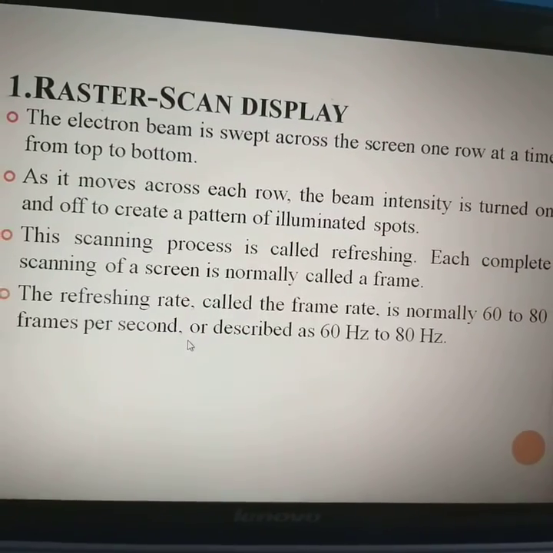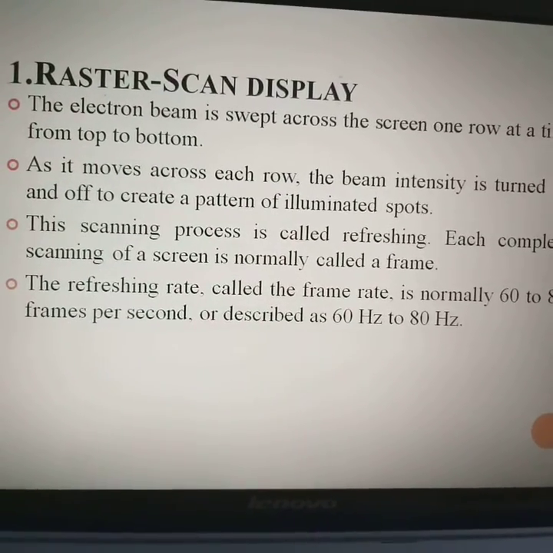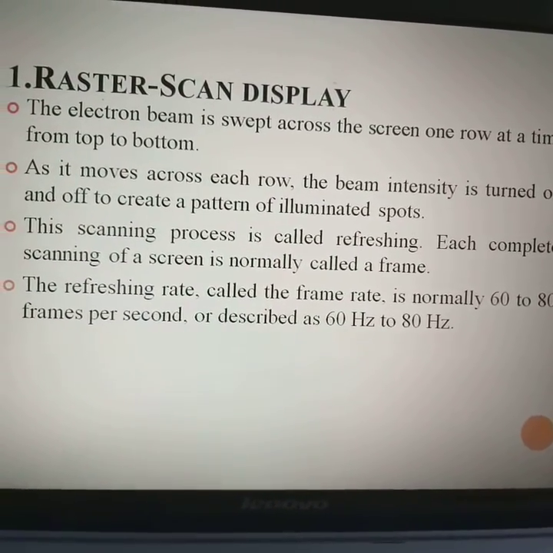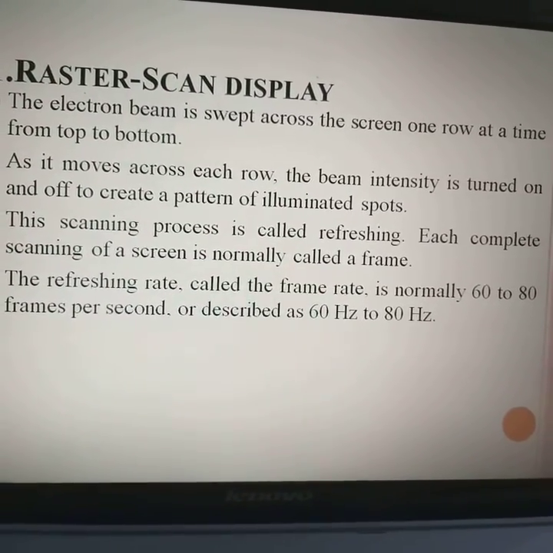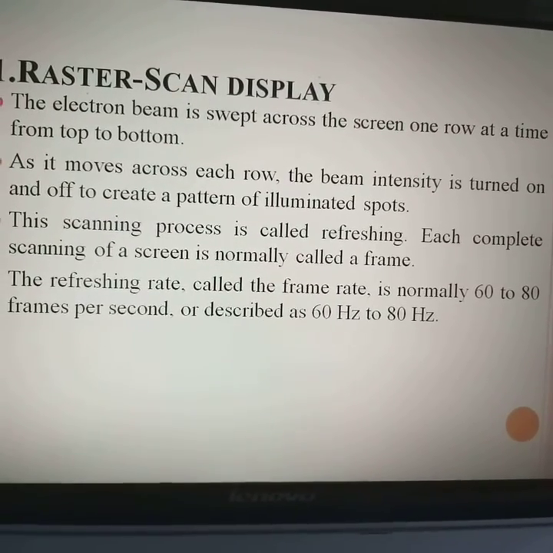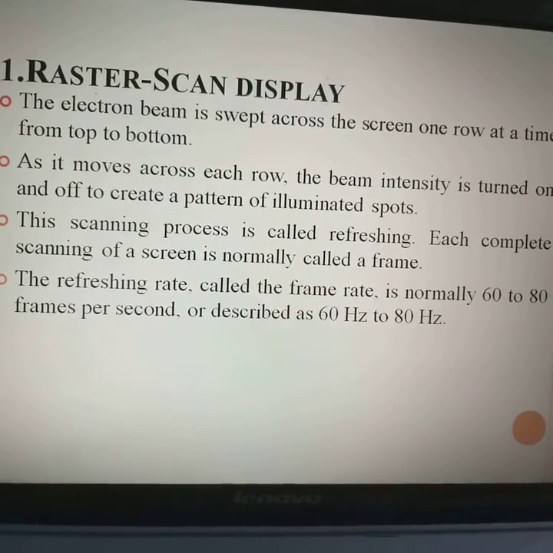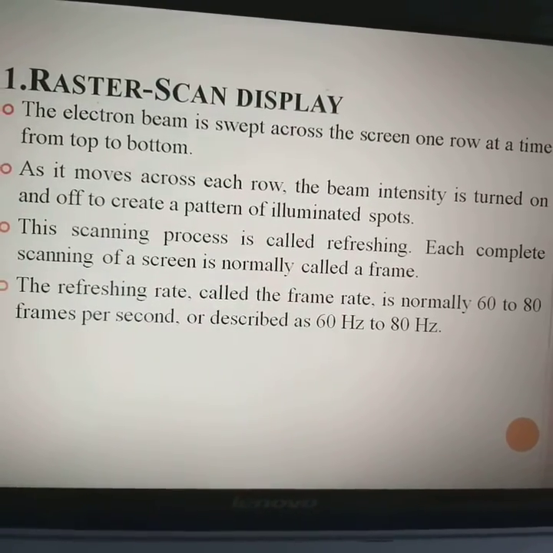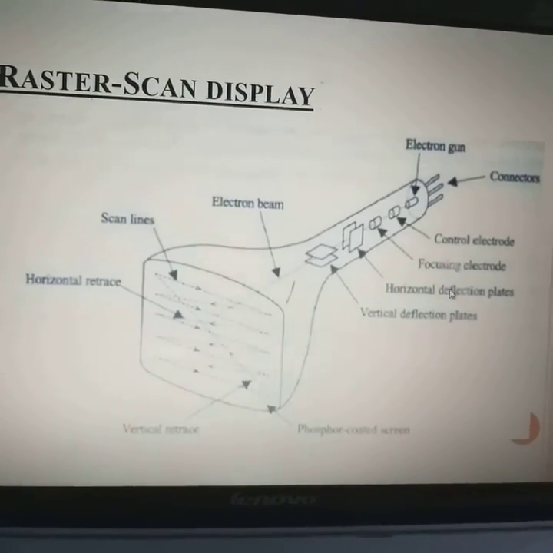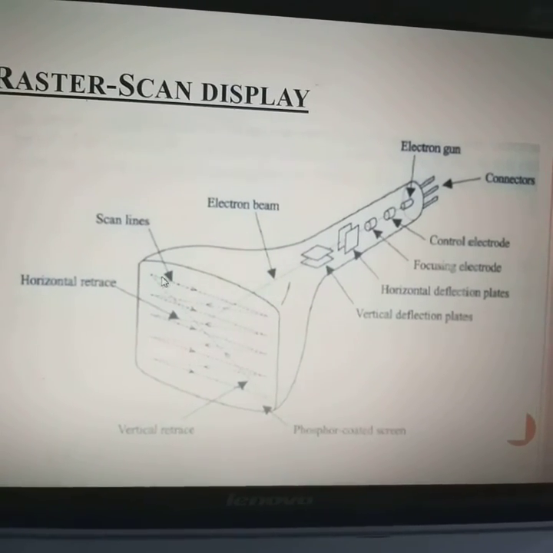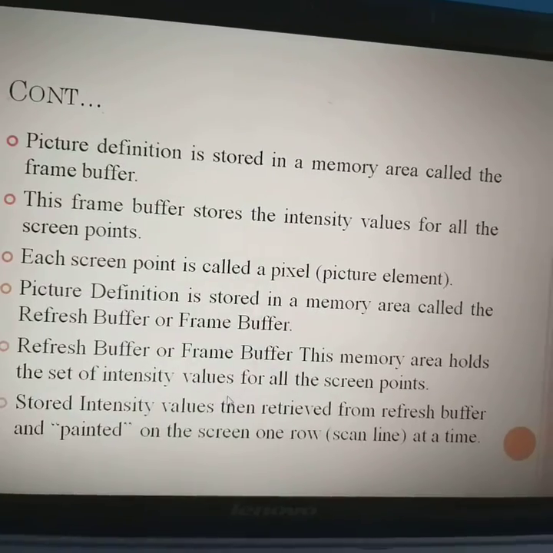As the beam moves across the row, the beam intensity is turned on, so the illuminated spots are formed. This process, scanning all the lines one row at a time, is known as the scanning process.